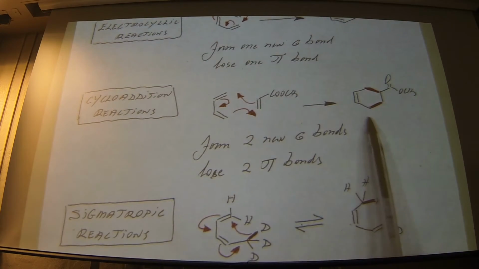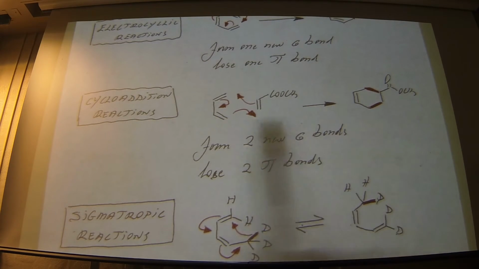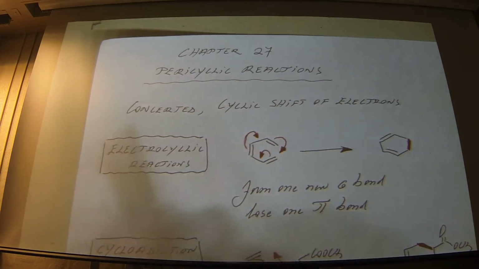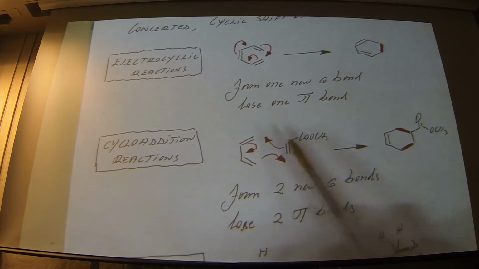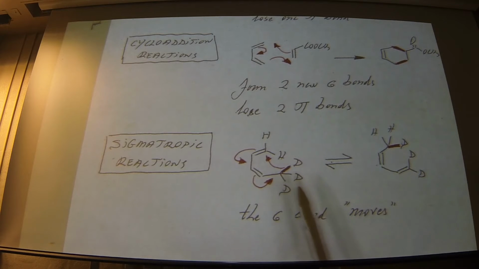The familiar Diels-Alder reaction is in the same category of reactions, which are all called pericyclic reactions. That means around the ring. So electrons are moving around the ring in both cases. And sigmatropic reactions are maybe a little bit different.